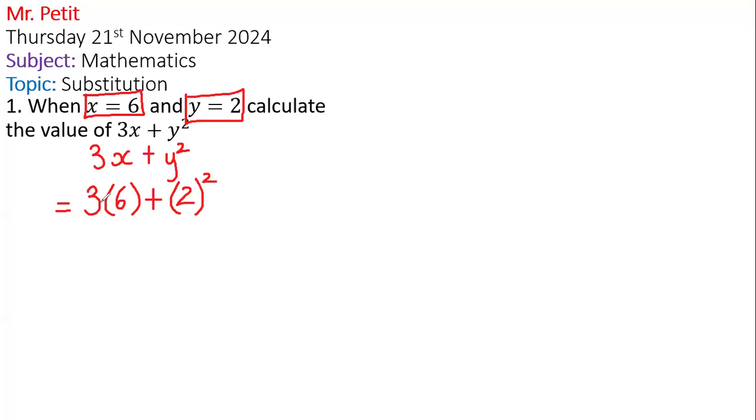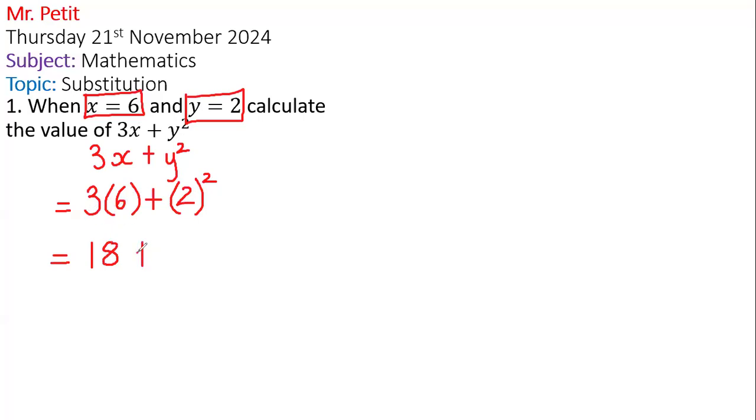So we have 3 times x, which is 6, plus 2, which is y squared. And so we have 3 multiplied by 6. What is 3 multiplied by 6? That's going to be 18. Very good. 3 multiplied by 6 is 18.